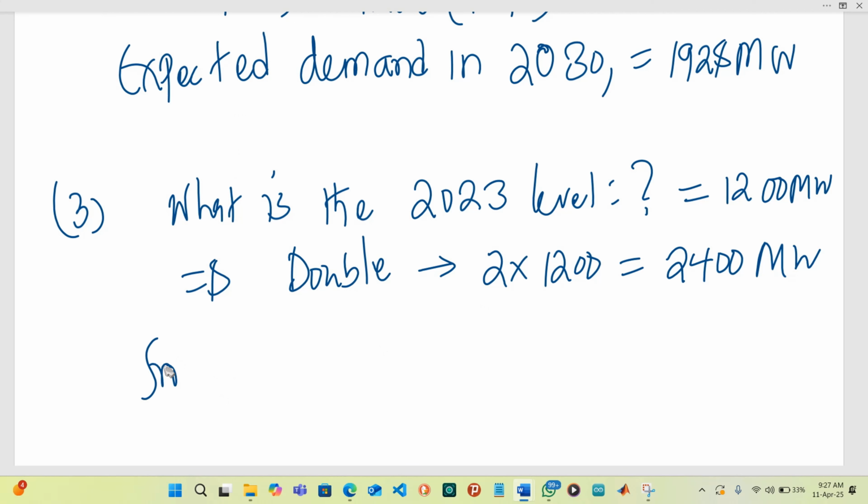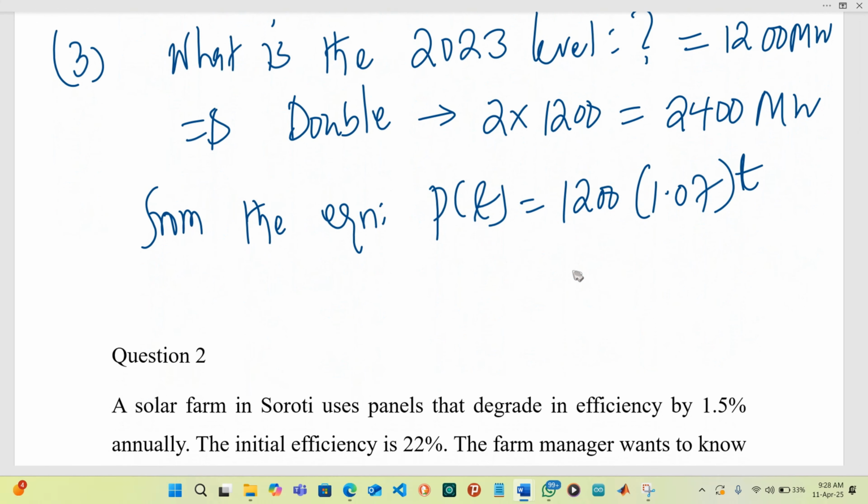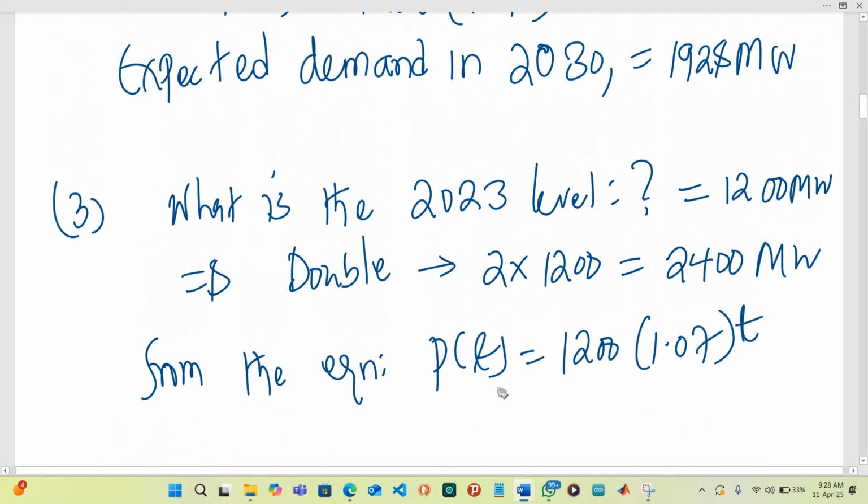Therefore, from the equation P(t) = 1,200 into 1.07 to the power t, we shall put P(t) equal to 2,400, and then we calculate for t.